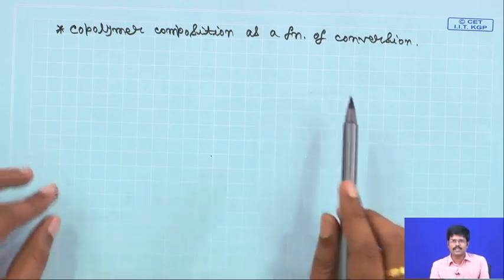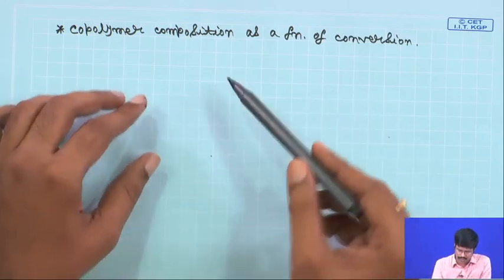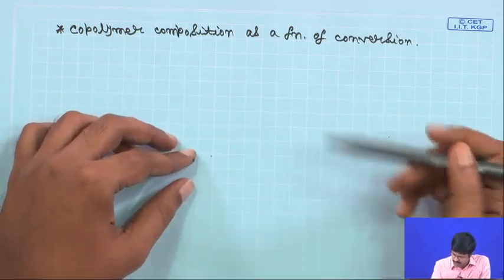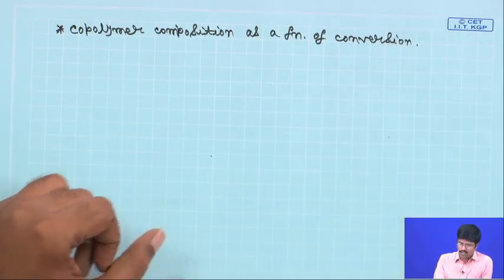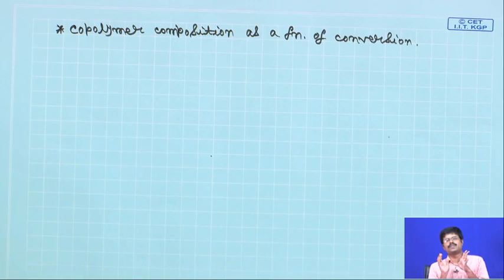Now, we have been talking about the instantaneous copolymer composition, which is at a very low conversion. I have already talked about that. So, the co-monomer feed composition remains relatively unchanged under this situation, but what happens in real scenario?